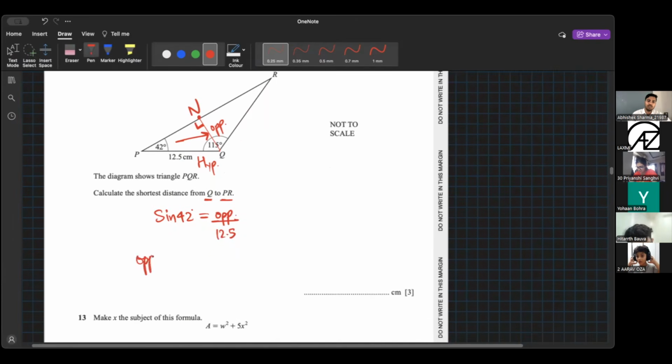So the length of the opposite is going to be 12.5 multiplied by sine 42, and that is 8.36. So the length is 8.36. Clear?